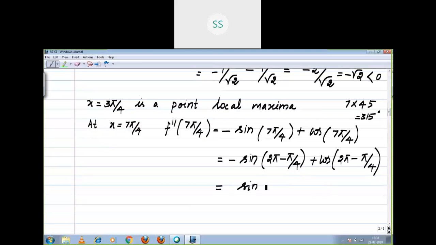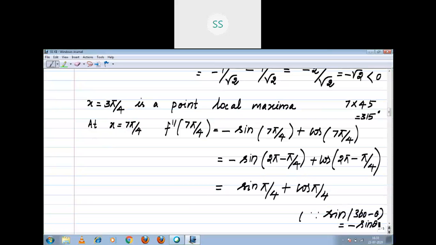Sine pi by 4 plus cos pi by 4, since sine 360 minus theta equal to minus sine theta, because it is a cos house, cos and secant alone positive, the rest are negative. Already negative is there, so it becomes positive, which is equal to 1 by root 2 plus 1 by root 2, which is equal to 2 by root 2, greater than 0.